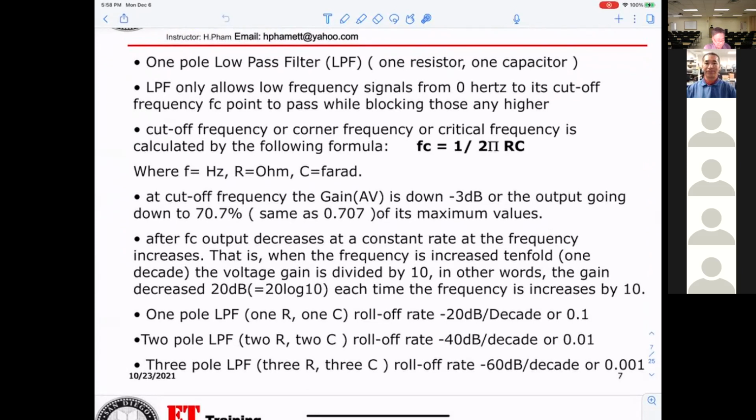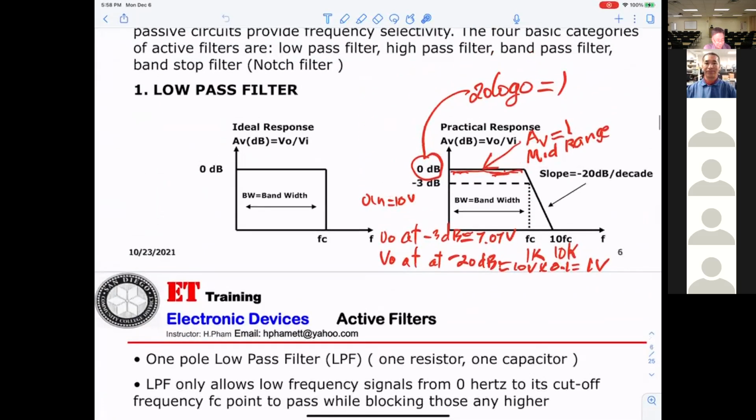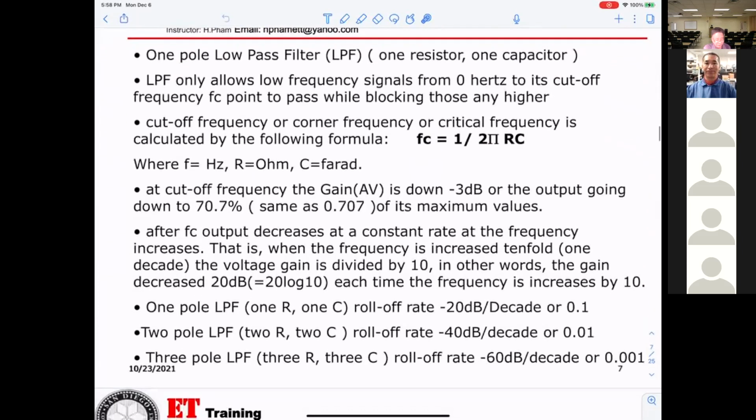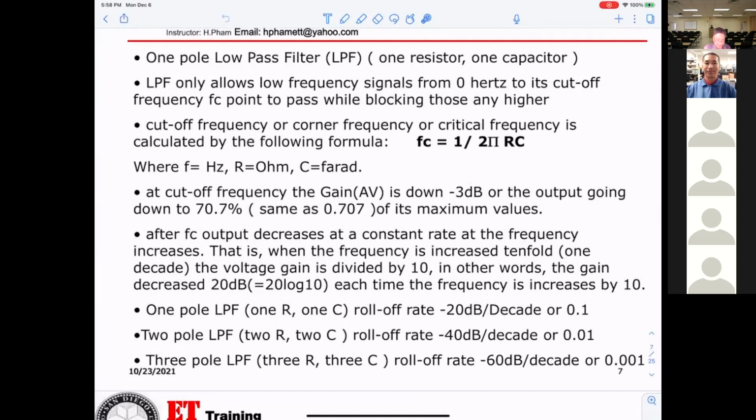Okay, let's see what else. One pole, low pass filter. One pole means that in that circuitry, you get only one resistor and one capacitor.